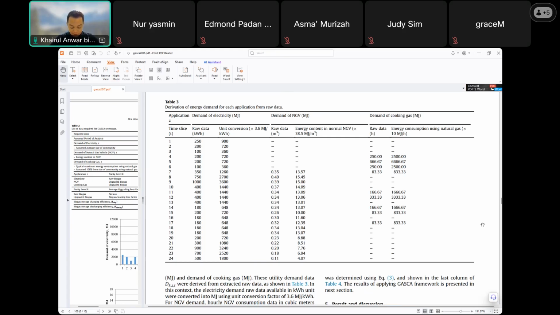For NGV demand, hourly NGV consumption data in cubic meters were then transferred into energy equivalent, assuming NGV energy content of 38.5 megajoule per cubic meter.